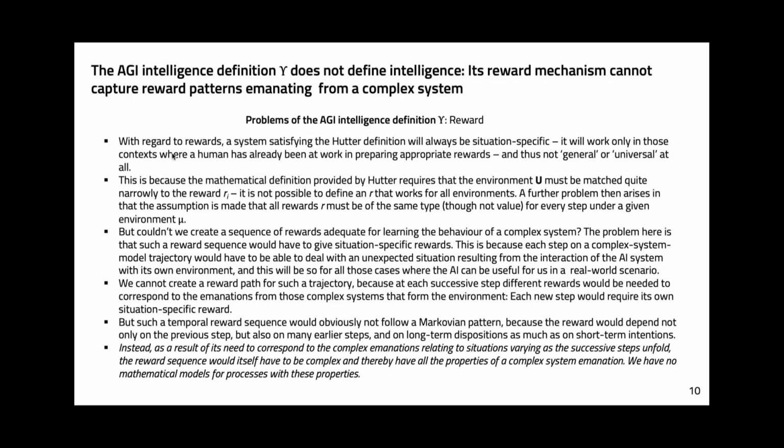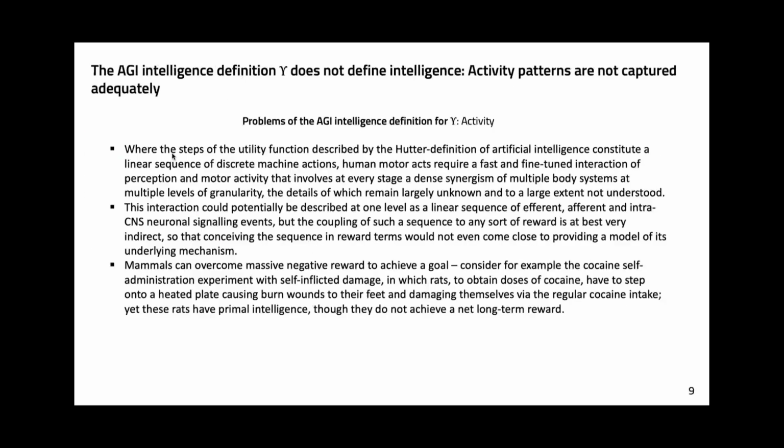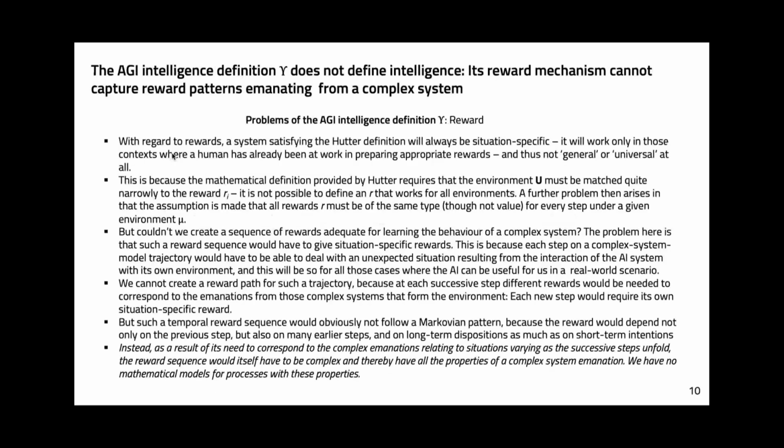This AGI book by Goertzel and Pennachin is one of the most important consensus readers, where all the big shots of AGI have published papers. And there, of course, they say that it is not human intelligence, but they say it's a real intelligence. But what I'm saying is no, what you're suggesting is not a real intelligence, but just a kind of amoeba intelligence, and probably not even that.